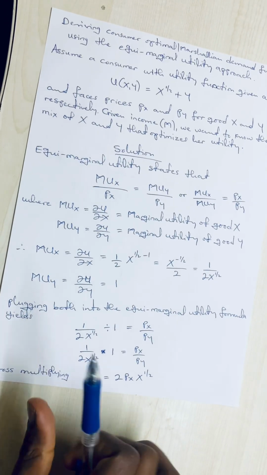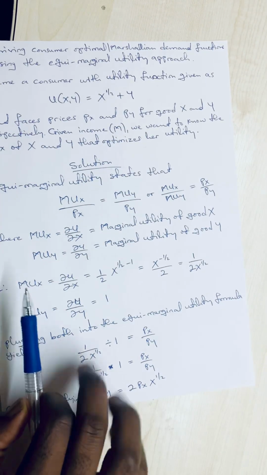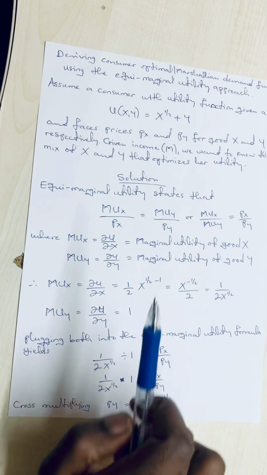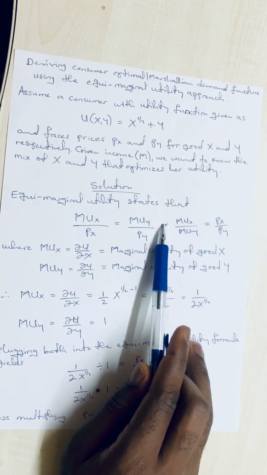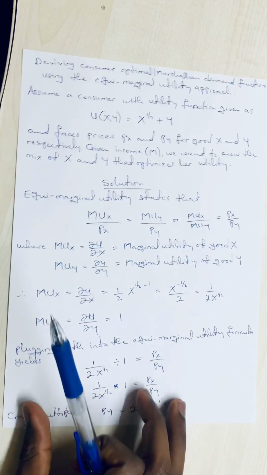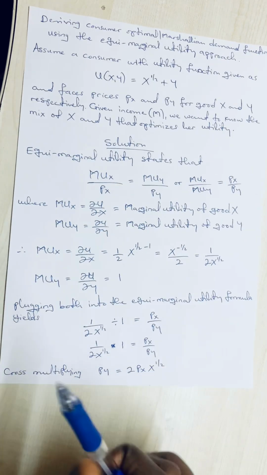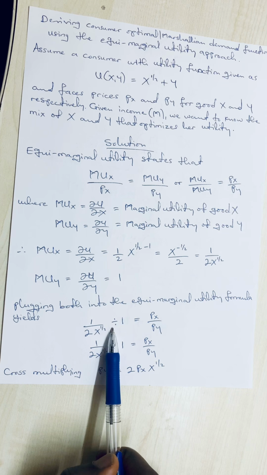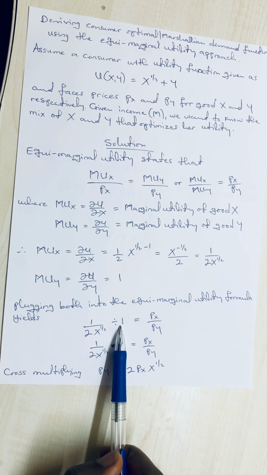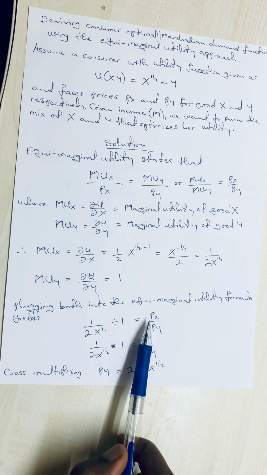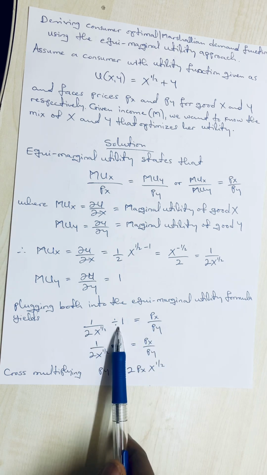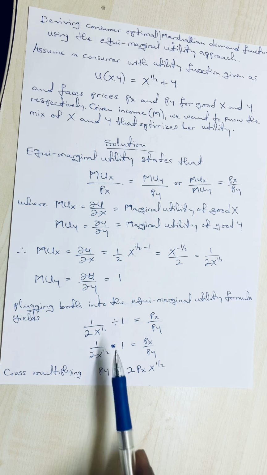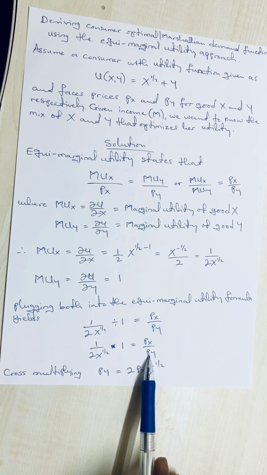Since we have the marginal utility of x and the marginal utility of y, we want to plug both of them into the formula. It's quite easier to use this one, but both of them give you the same answer. So the marginal utility of x is this, divided by 1, which is the marginal utility of y, all equals px over py. Division on division turns to multiplication, but this is simply 1 over 1, so it still remains 1.